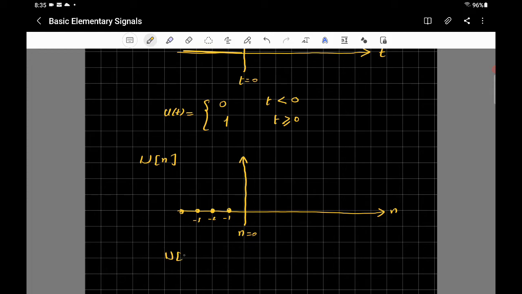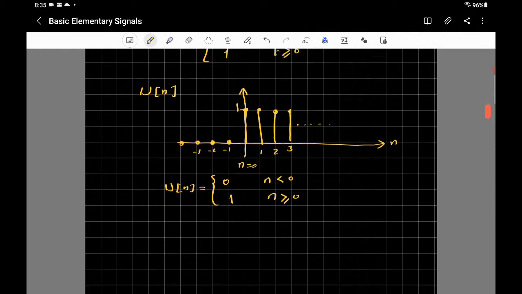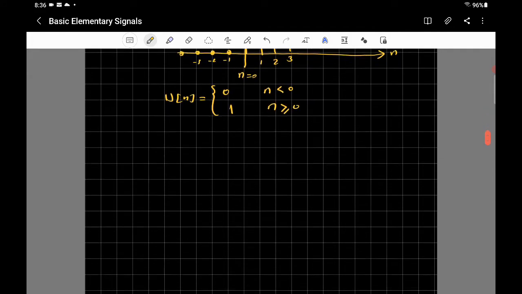So u of n is defined as 0 when n is less than 0, but when n is greater than or equal to 0, it will be equal to 1. So you have 1 at n equals 0, at n equals 1, 2, 3, and so on till the end. That's the unit step signal.